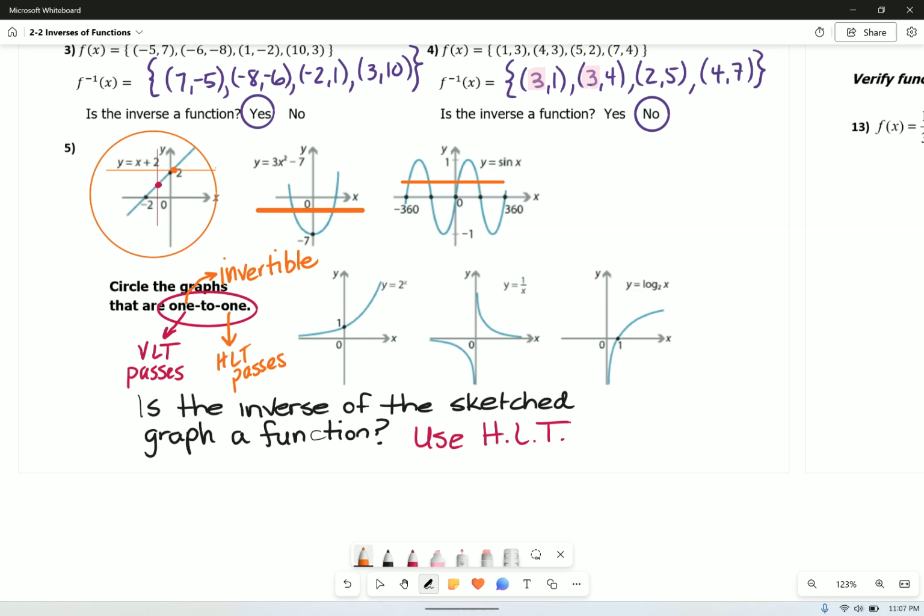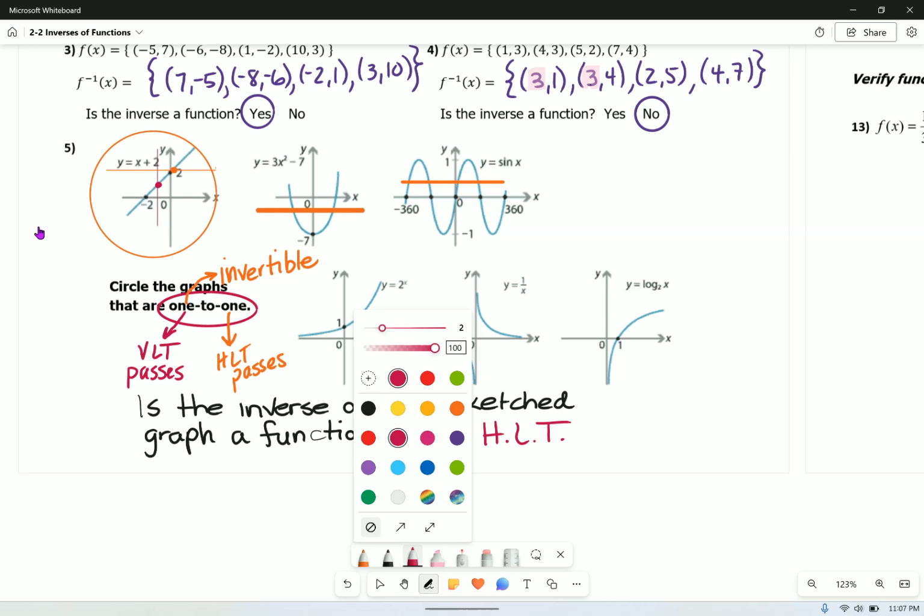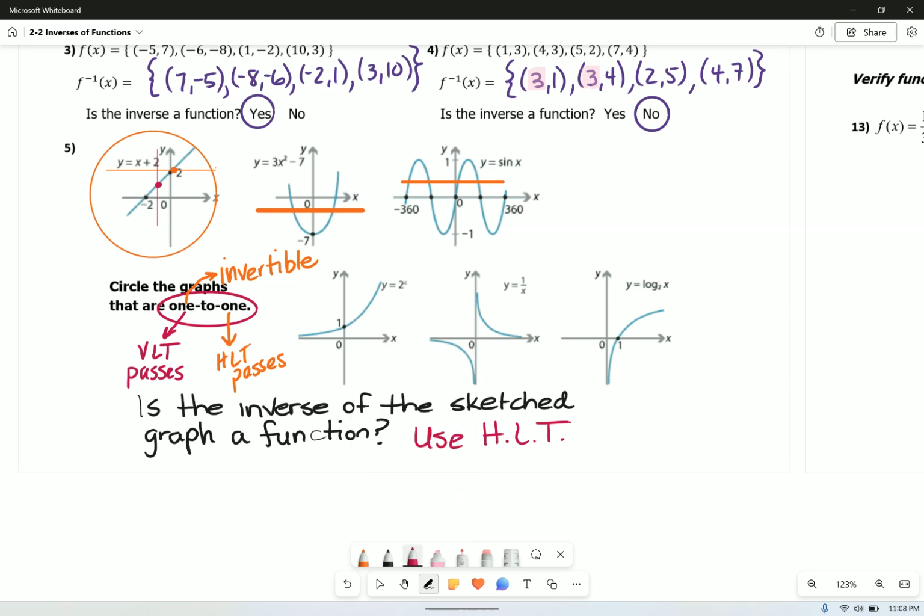It passed vertically, touched one time, but it failed horizontally. Horizontally, it touched 1, 2, 3, 4. Remember, I only want it to touch 1 and then 1. So that one definitely doesn't work.